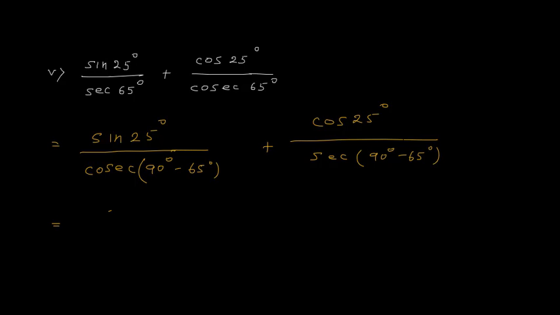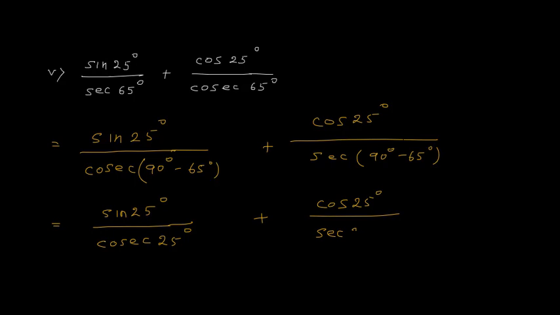So this becomes sine 25 degree upon cosec 25 degree plus cos 25 degree upon sec 25 degree.